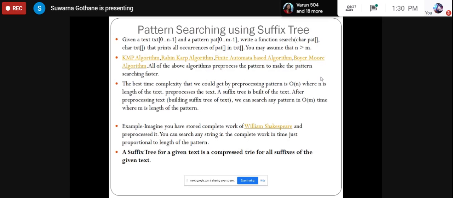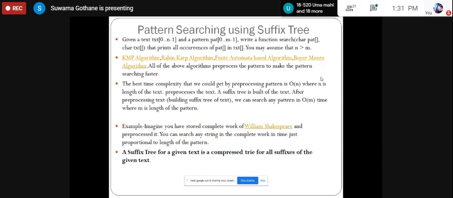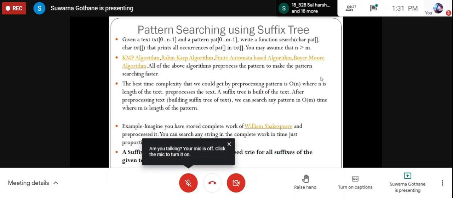Here the time complexity given is represented as O of n. O of n is how much time the system takes to find the particular pattern or to pre-process the pattern. What exactly is n? Here n is the length of the text. Suppose a document in which this proverb is available is only 500 words, then definitely you will get it faster.